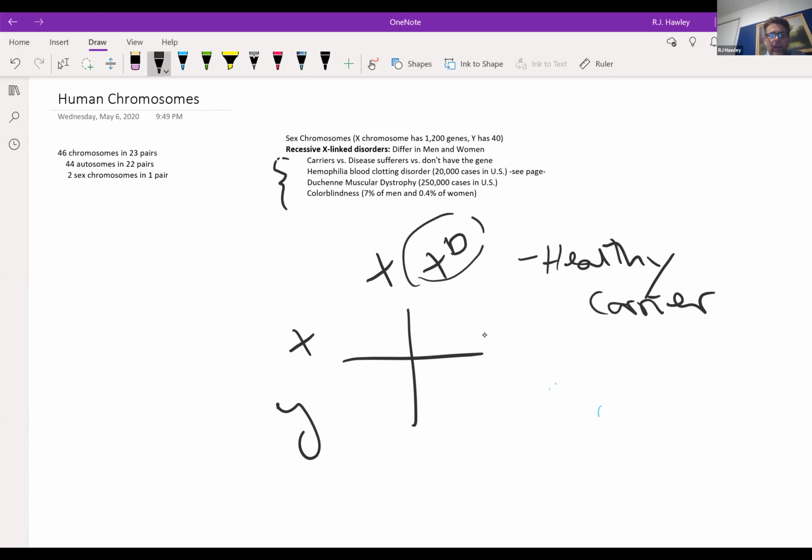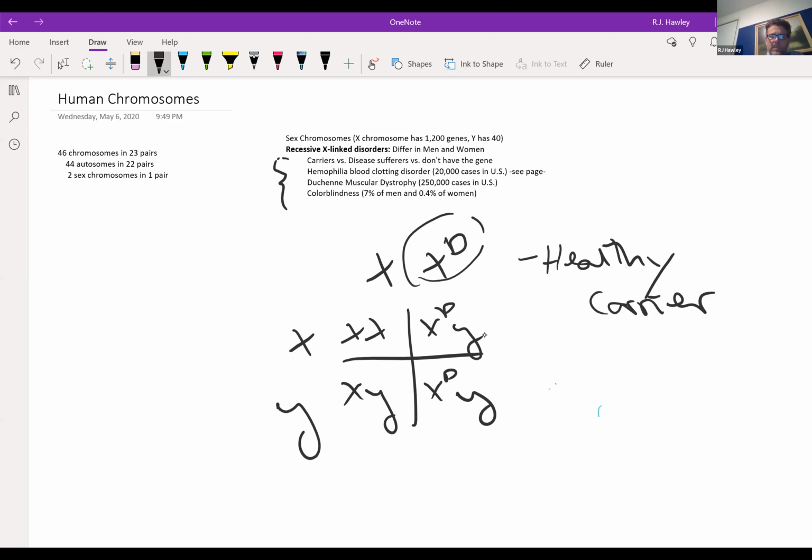If dad has a diseased chromosome here, he only has one X. So he has to pass it to his offspring. But in this case, right, we're going to go XX, X disease Y, XY, X diseased Y, right?